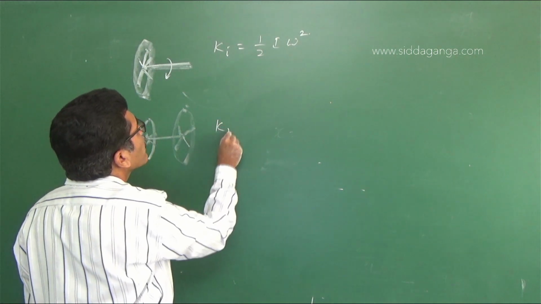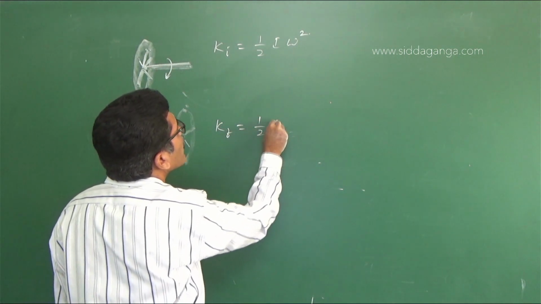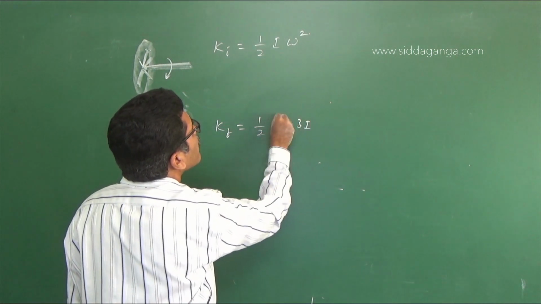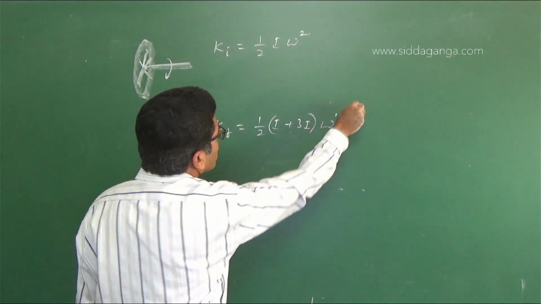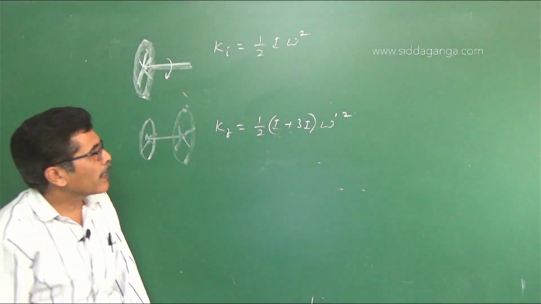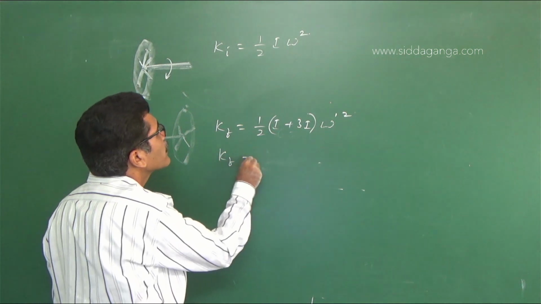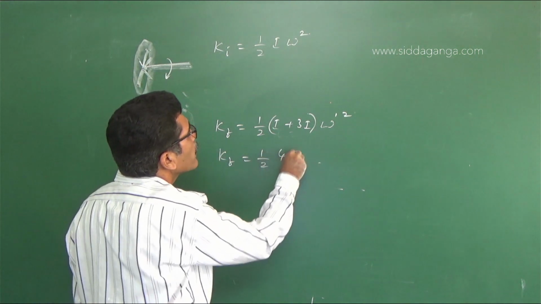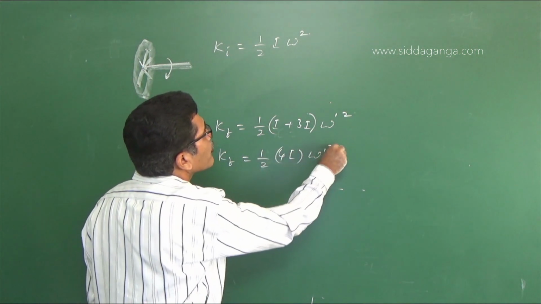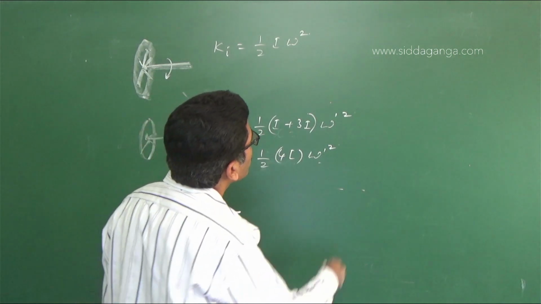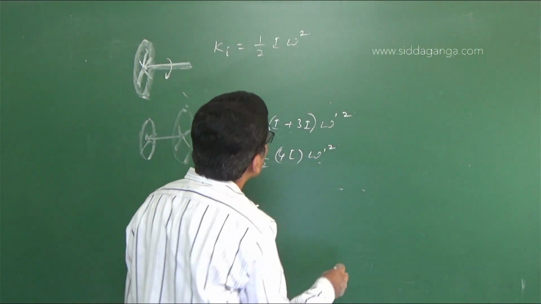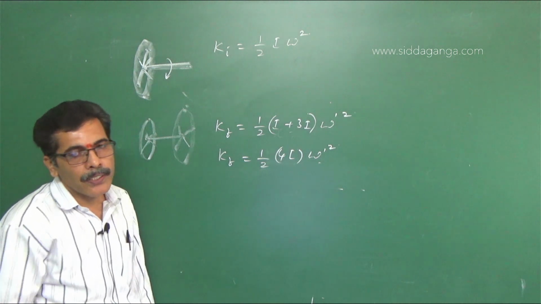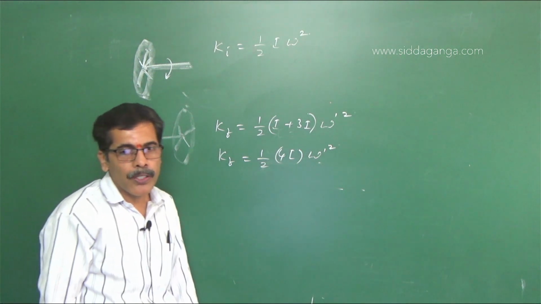So therefore, Kf becomes equal to half into I plus 3I, now with angular velocity changed to omega dash square. This becomes K final equal to half into 4I into omega dash square. You know that angular momentum is conserved. During the rotation, angular momentum is always conserved.